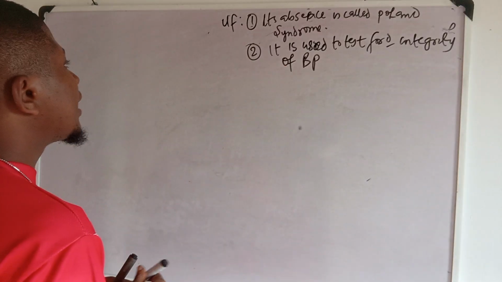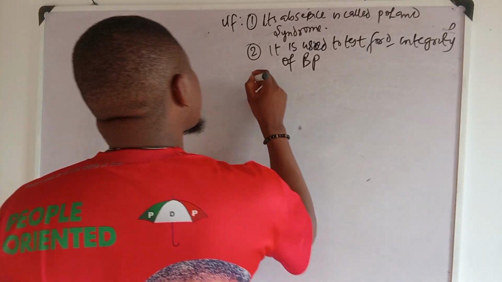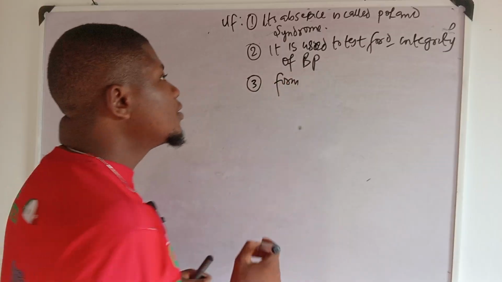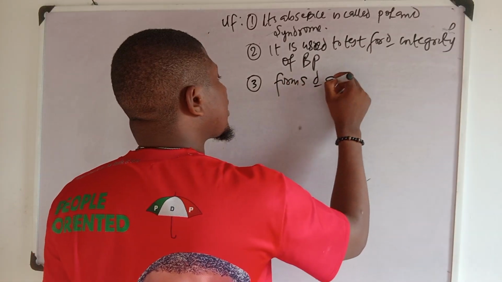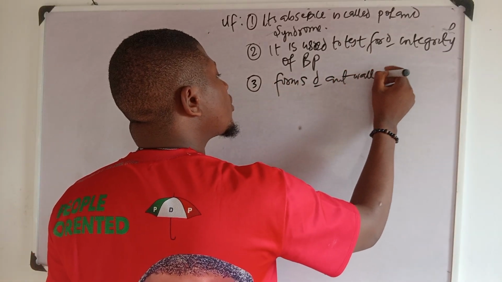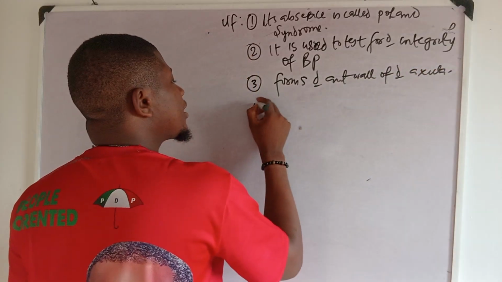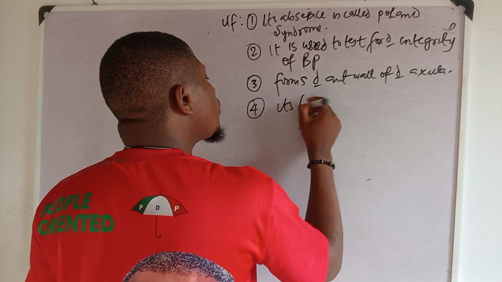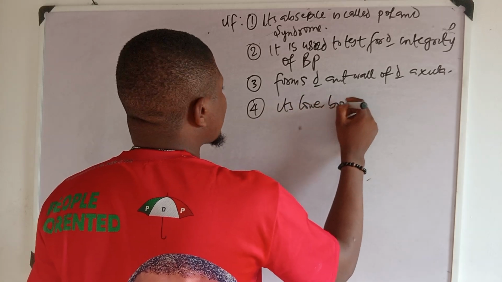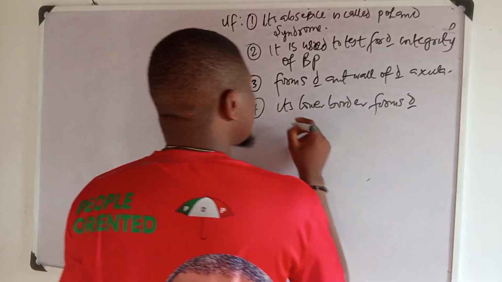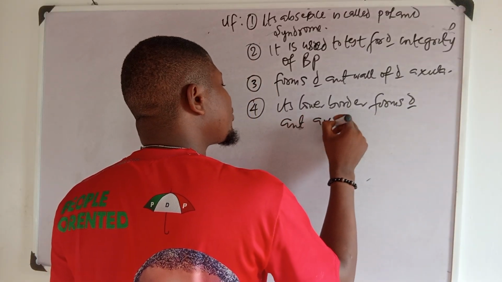Another thing about this muscle is that it forms the anterior wall of the axilla. Then its lower border forms the anterior axillary fold.